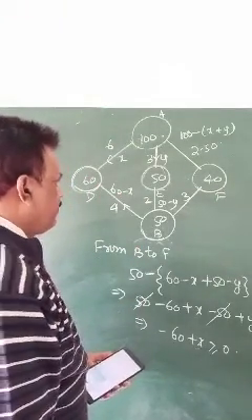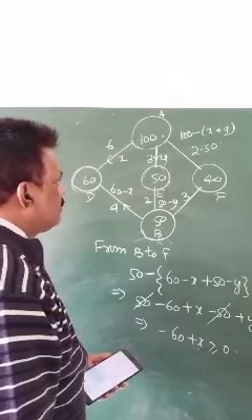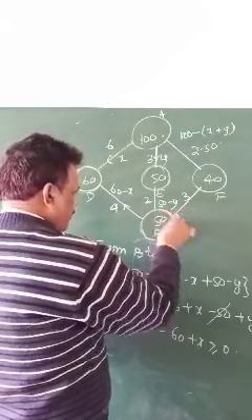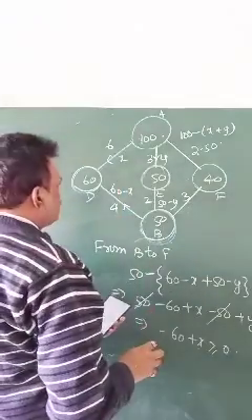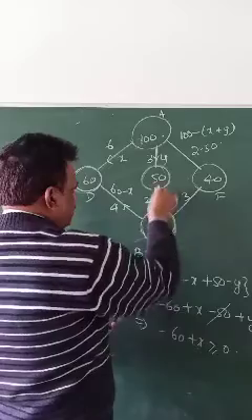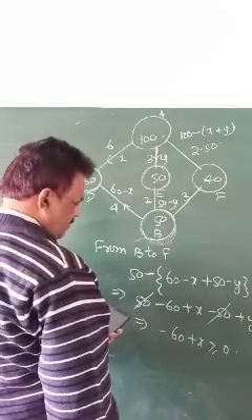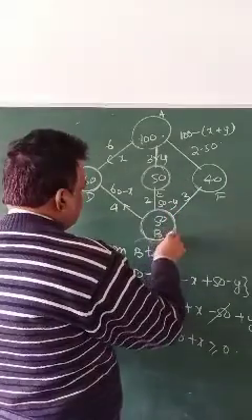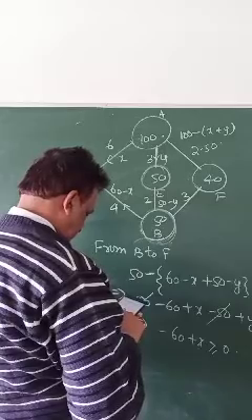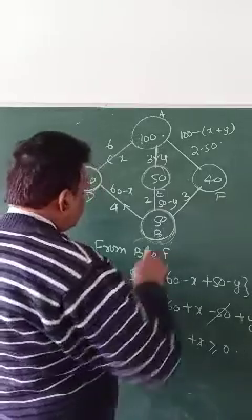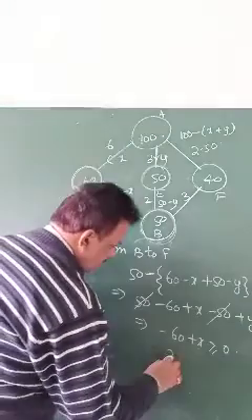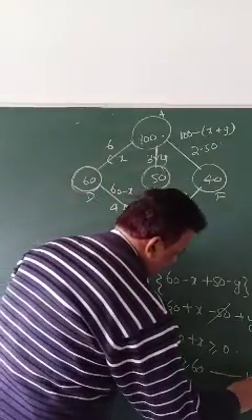Other way will come: x given here, from here you want to go, this is given 60 minus x. This is requirement 50, y has come, 50 minus y. The remaining is 150 quintals.